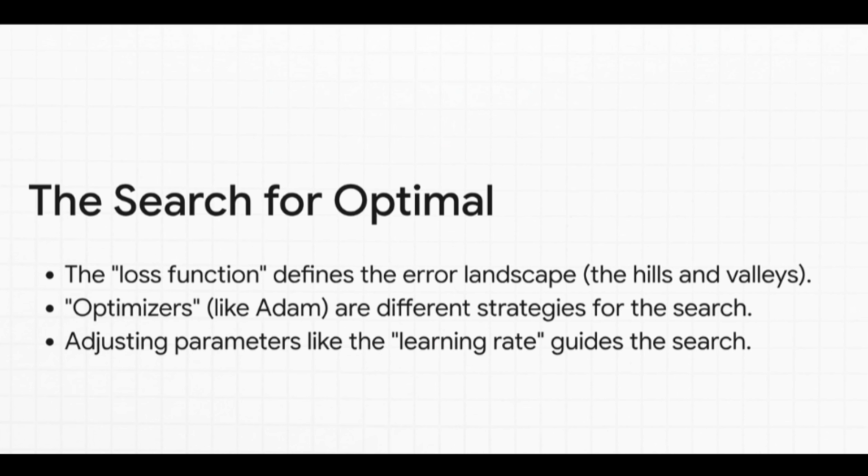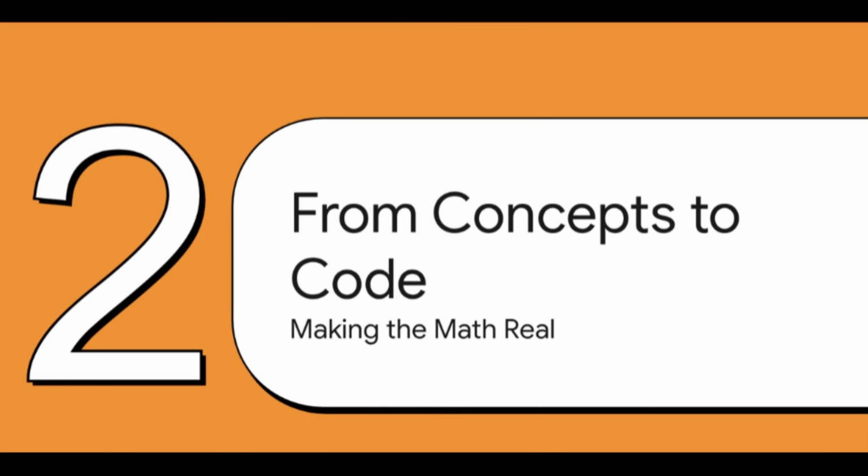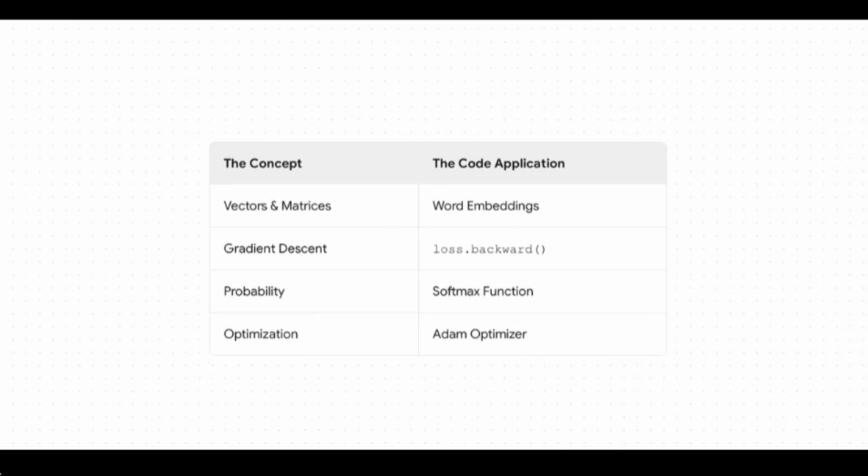Okay, so we've got these four big ideas, these four pictures in our head. Now let's connect them directly to code you'll actually be writing. This is where it all clicks into place. Check this out. The whole concept of vectors becomes the reality of word embeddings in your code.